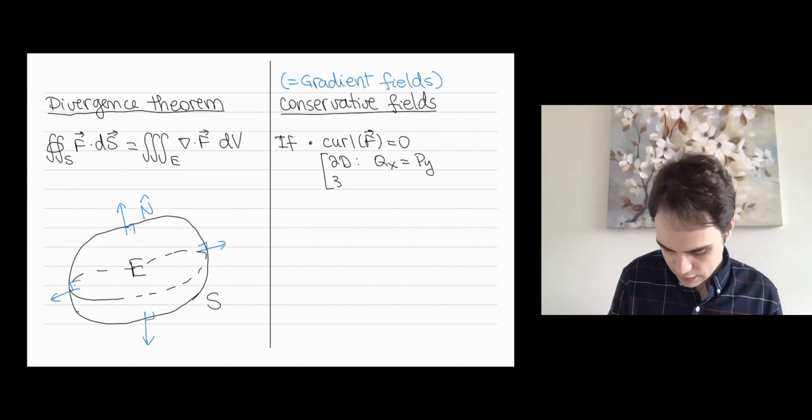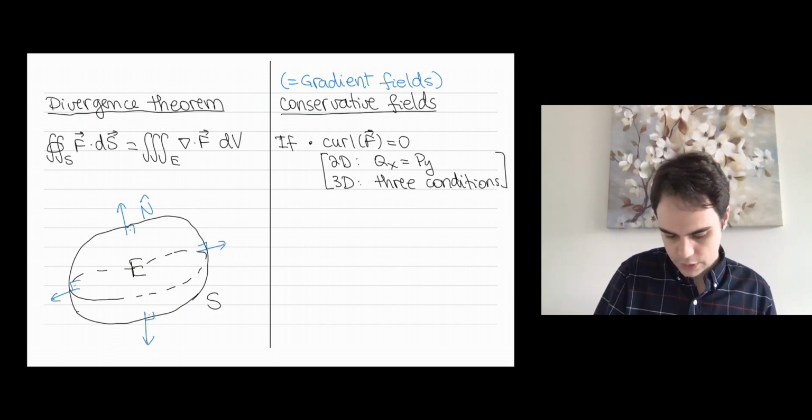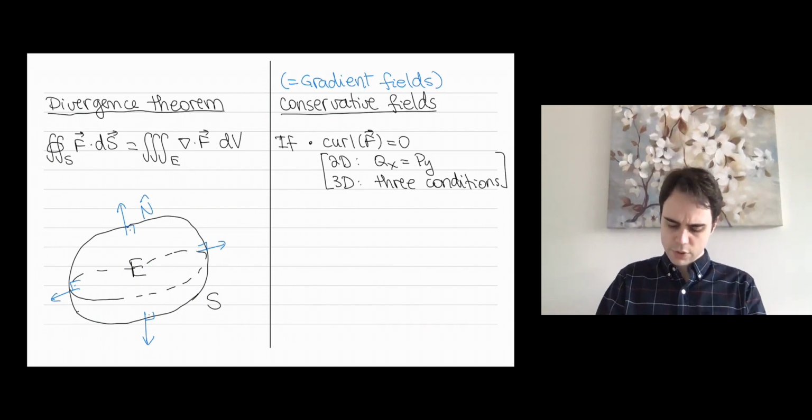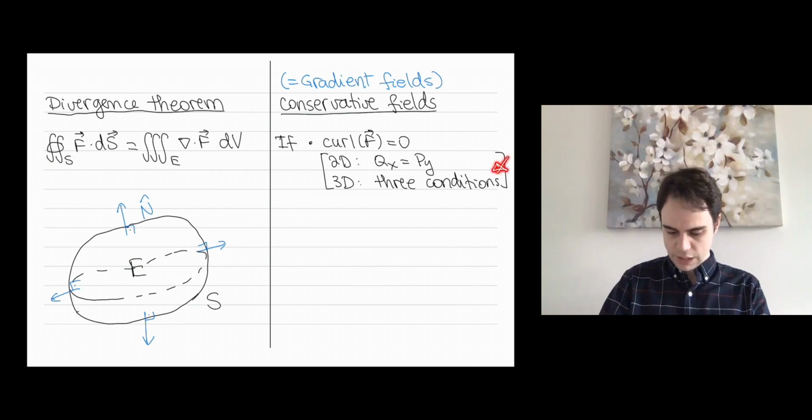And in 3D, this is really three conditions. There's Q sub x equals P sub y, but there is also, I think, R sub x equals P sub z, and another one. There are three conditions in 3D, since the three components of the curl have to be 0.